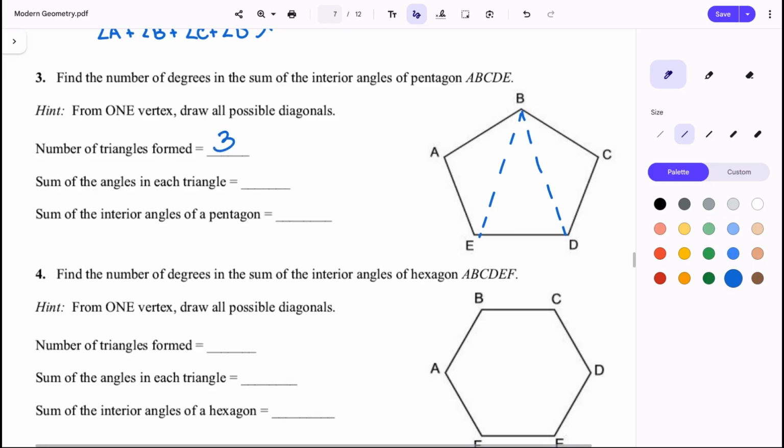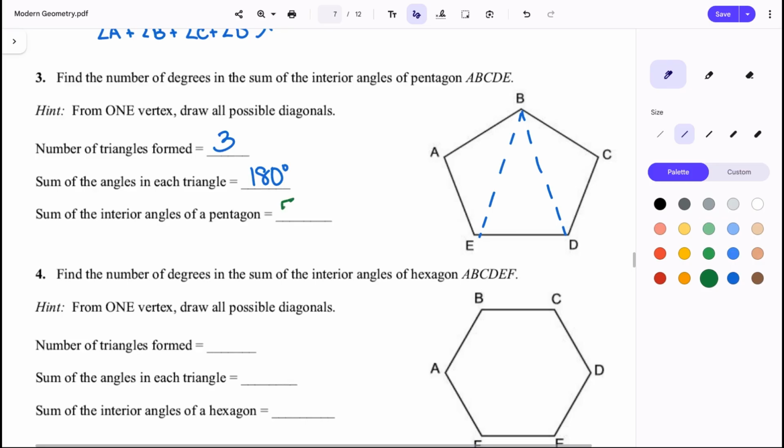Okay. I could go in and label all those corners of the triangles, but we know the degrees in all 3 of those triangles are going to add up to what? 180. So I have 3 triangles this time. So I have 3 sets of 180 degrees. So what would be all the sum? Not 360. That's a little too big. 540.